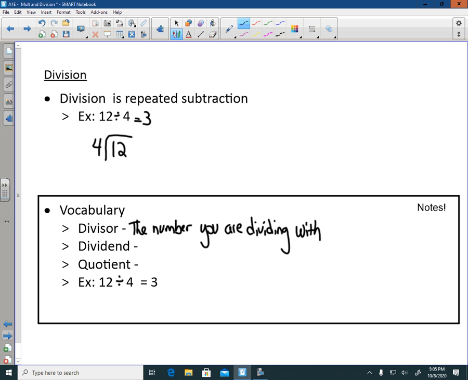And so in this particular problem, 4 is the divisor. It's the thing that divides everything up. And then the dividend is the number being divided into. All right, so in this case, the 12 is the dividend.